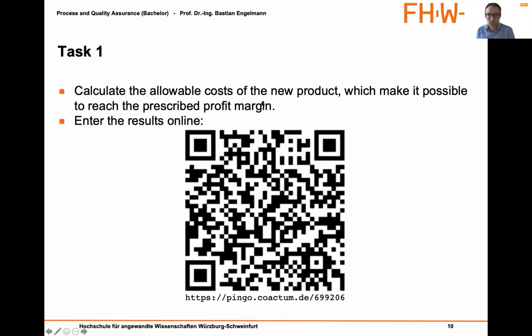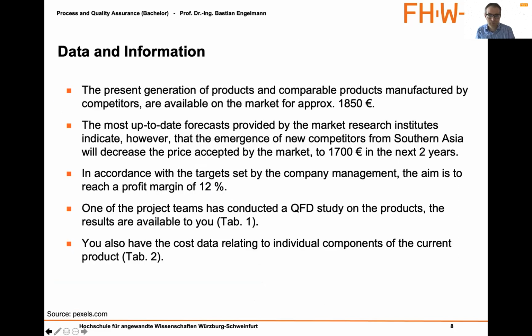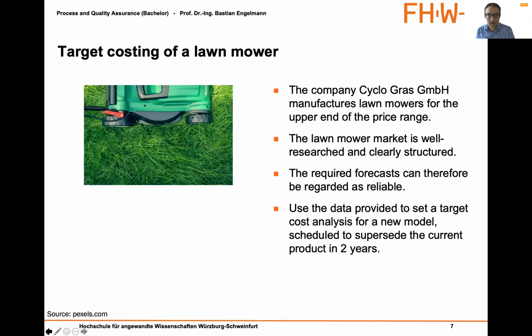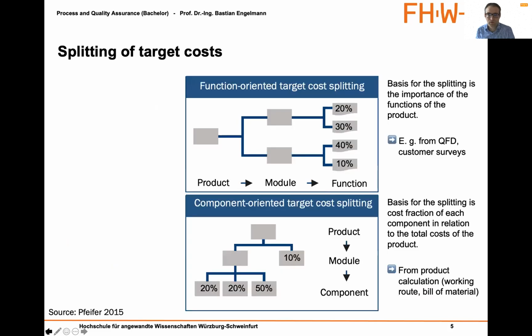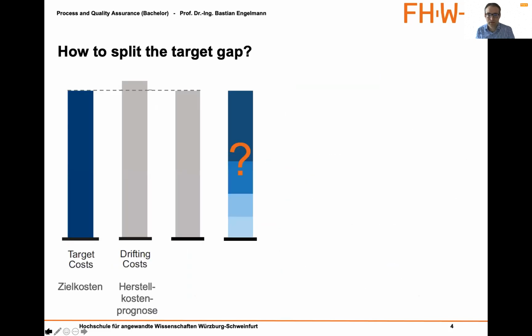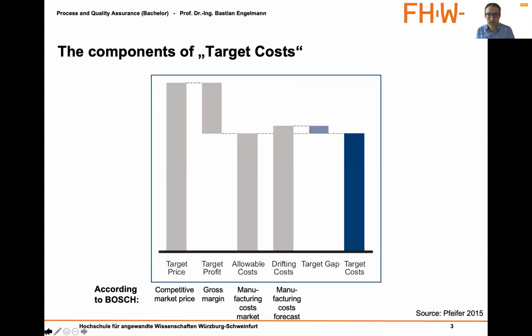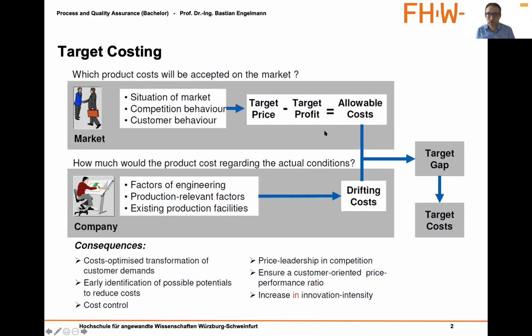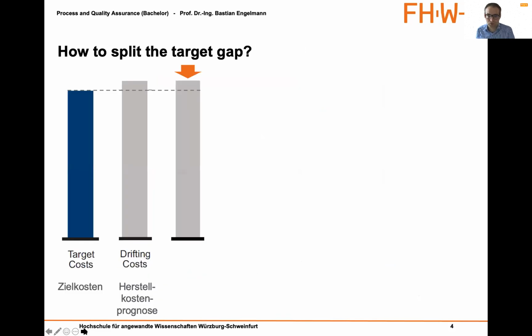Okay, so switch a little bit back here to the information we have. Think about what you need to calculate to find out the allowable costs. It's not such a big deal. Please take a few minutes to think. Meanwhile, I will start the Pingo questionnaire.